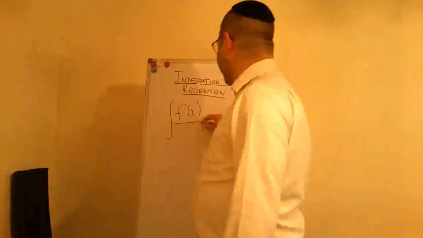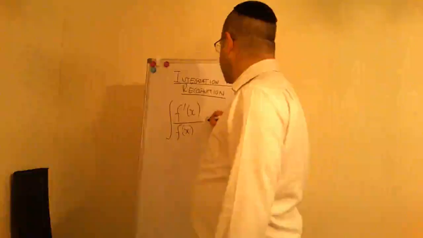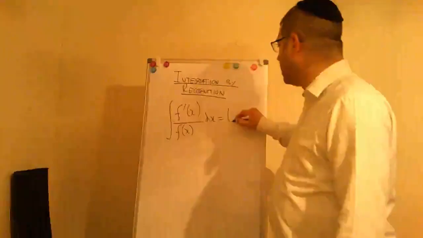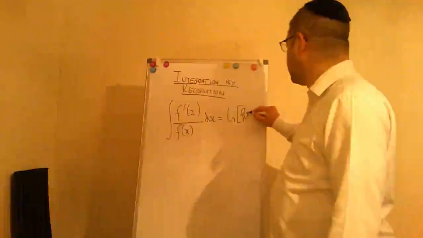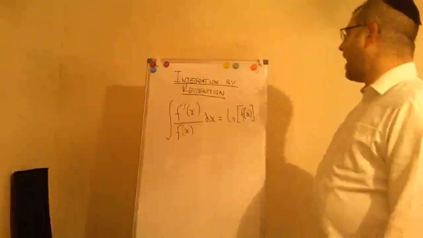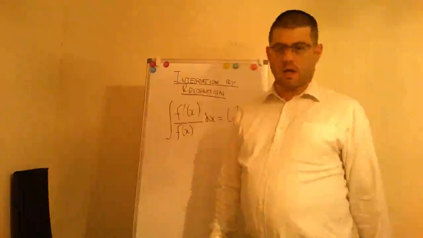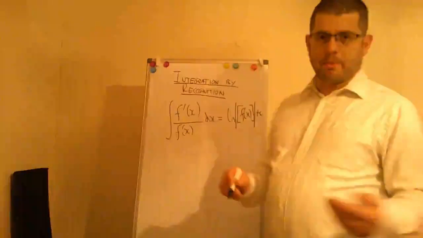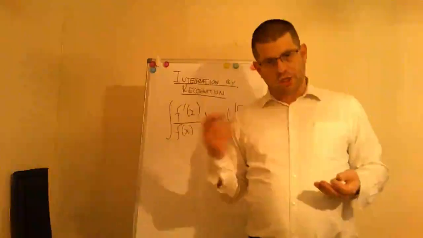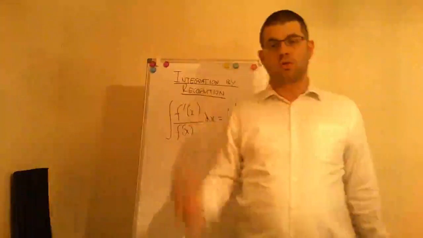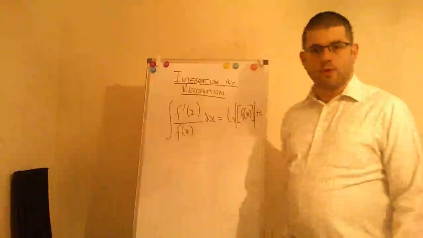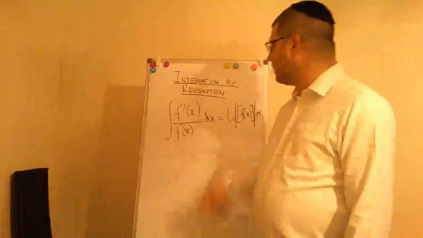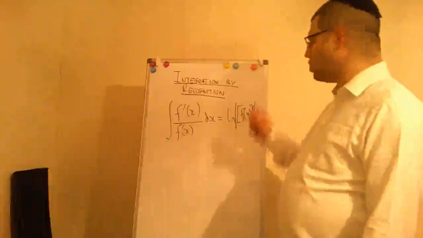If you spot that you have f dash over f in your integral, it's simply ln of f of x, and we should be strict about this: it's going to be ln of the modulus of f of x, because remember when we were reversing the ln differentiation rule, 1 over x integrates to ln of mod x. The same logic applies here. So that is an important recognition formula. If you have the derivative over the function, you can just apply this rule.